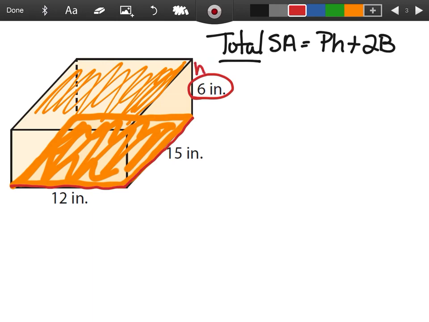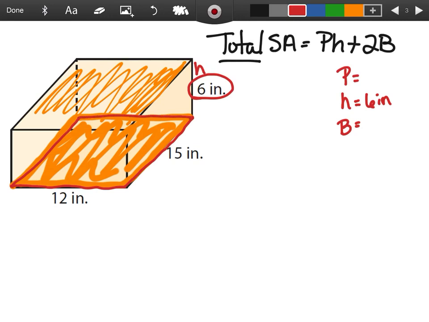So the first thing we need to do is figure out all the different things that we need. I need my P, H, and my big B. My H is 6 inches. P stands for perimeter of the base. If I look at my base, I have 4 sides because I have a rectangle.